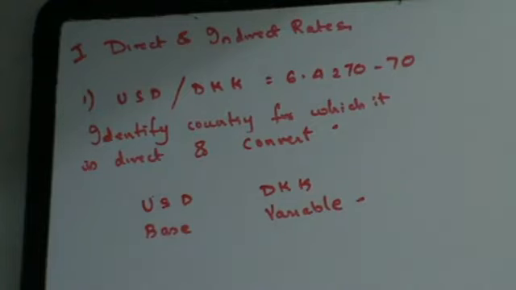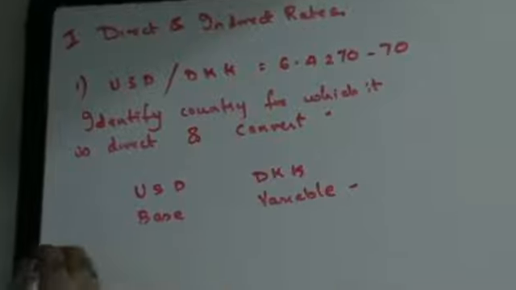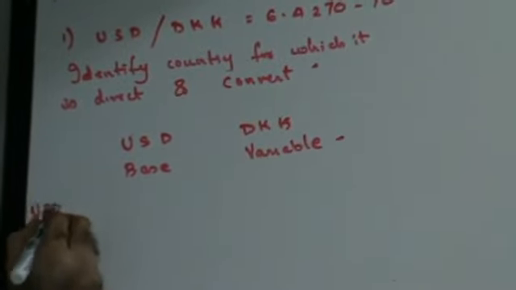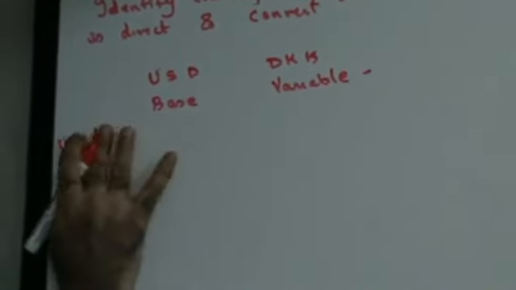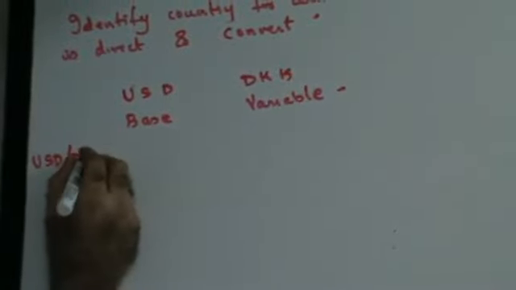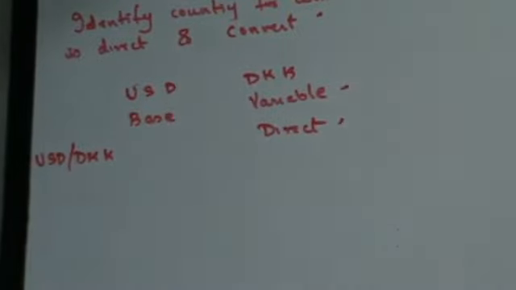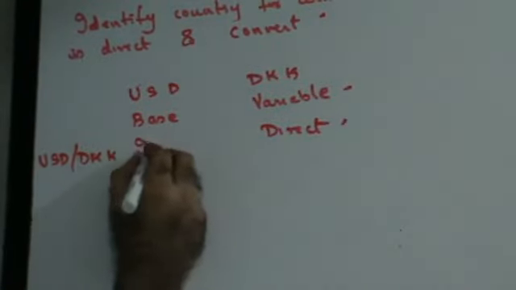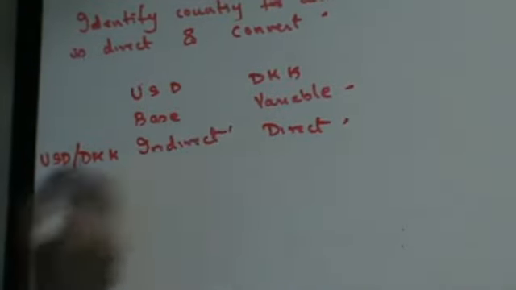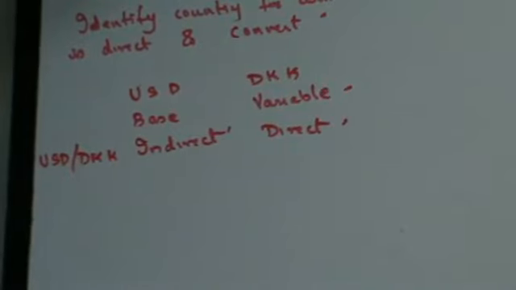So whenever they tell you to identify it, USD DKK is going to be a direct quote for your variable currency, and it is going to be an indirect quote for your base currency. Whenever currencies are given to you, the quote is always a direct quote for the variable currency.